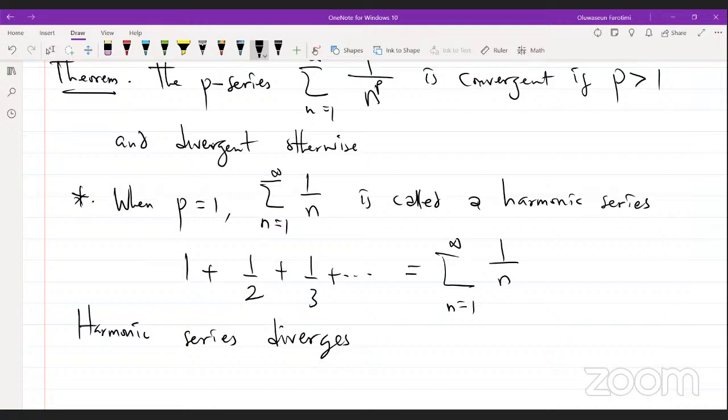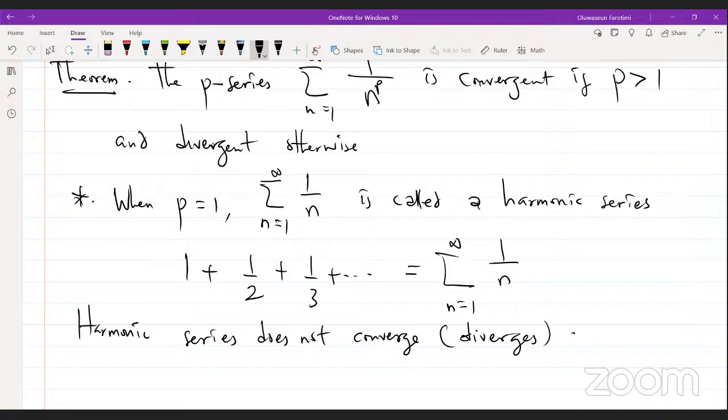Okay, so I need to state that the harmonic series does not converge. So in bracket, what do we say? Diverges. I hope it makes sense why that is true.